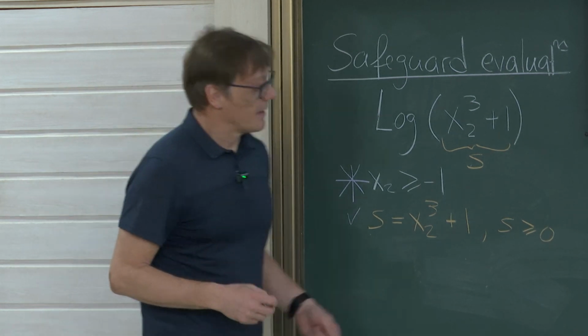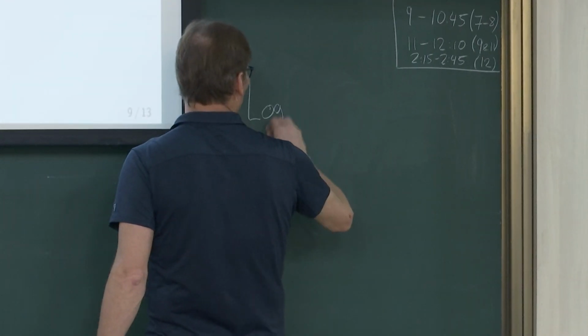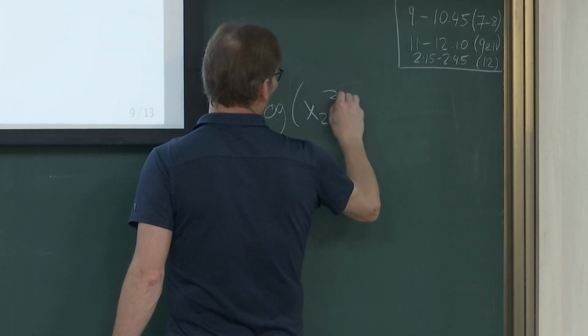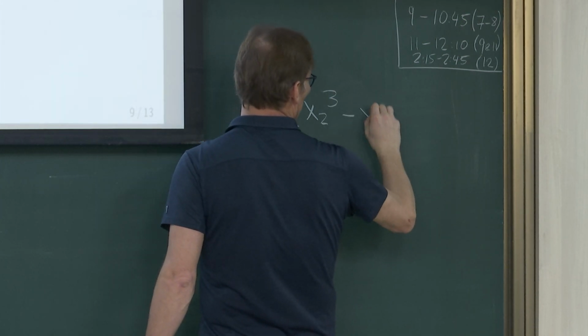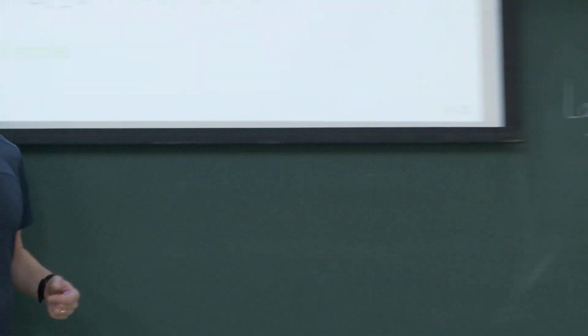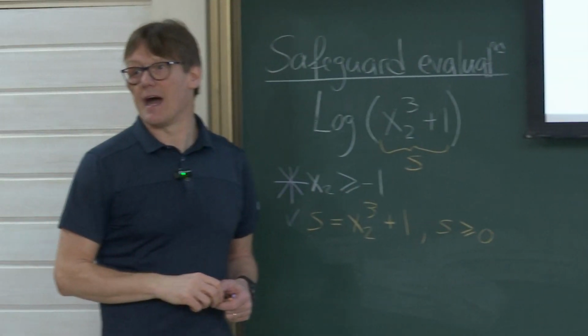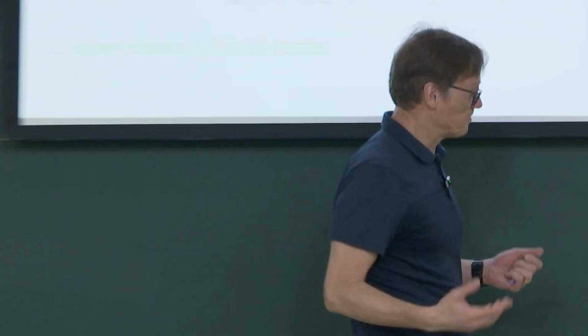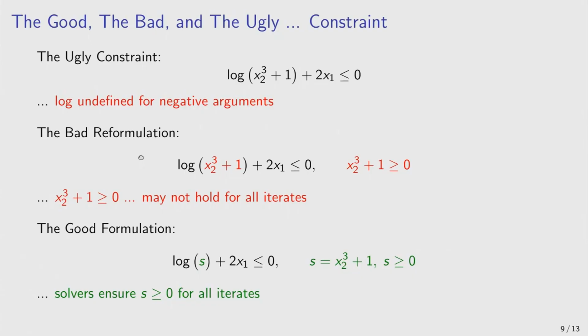So if I did, instead of this, the logarithm of x2 cubed minus x1 plus 1, then it's harder to see what you need to do right now. So introducing a slack variable, putting the slack variable into the logarithm, and then just safeguarding it. That's it. There's one additional thing you need to do, and you're not yet safe.